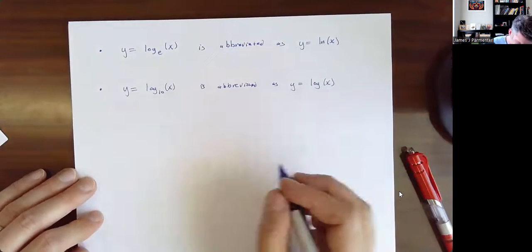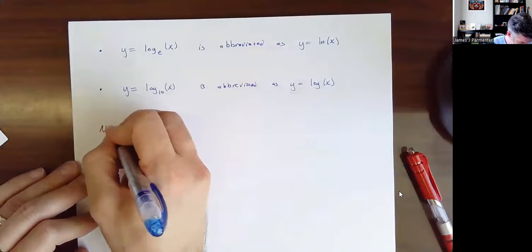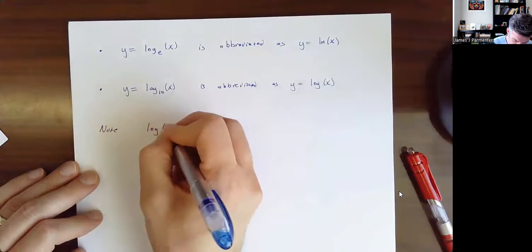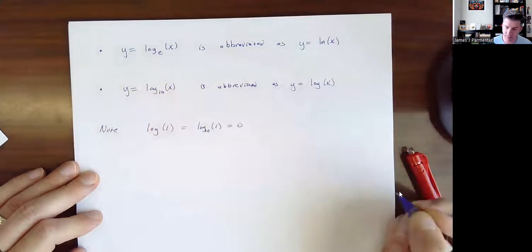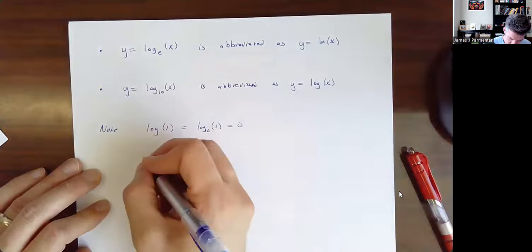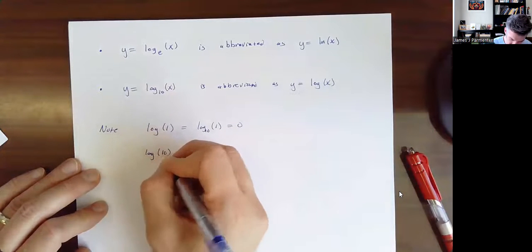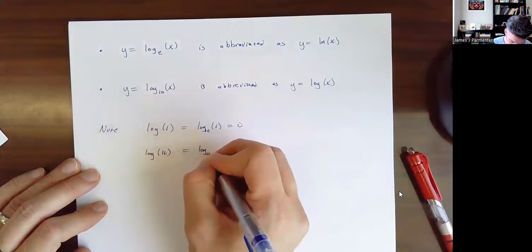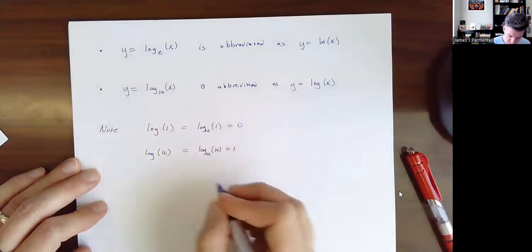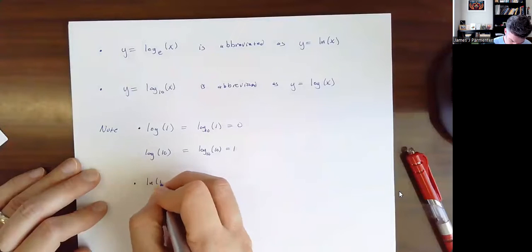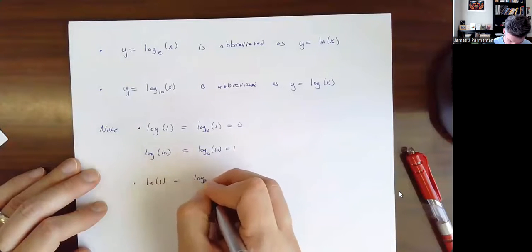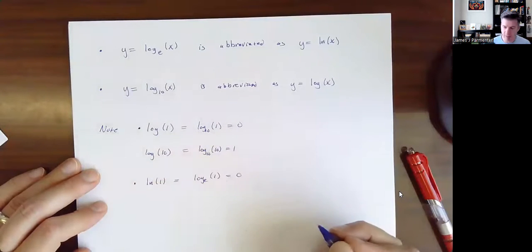A couple things to say here. So note, log of 1 is really just log base 10 of 1, and it's still 0. And log of 10 is really just log base 10 of 10, which is 1. Similarly, natural log of 1, which is just log base e of 1, is also 0.